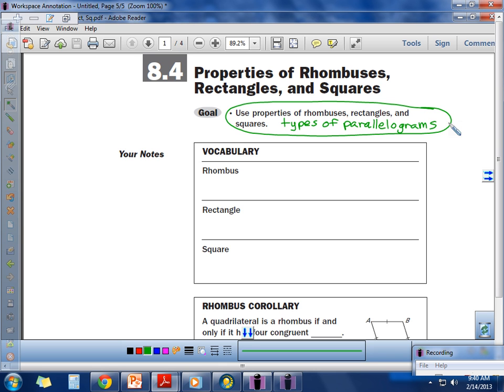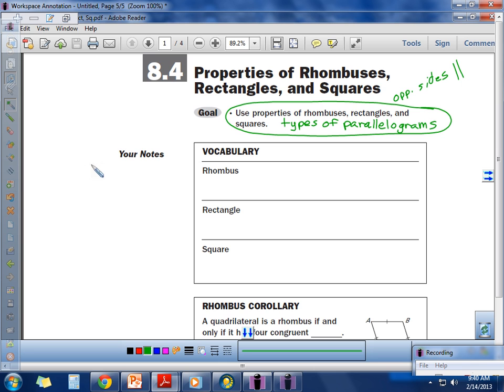What's the number one property of a parallelogram? Opposite sides are parallel. So all these shapes have opposite sides parallel. All of them do. But they do look a little different when you start looking at them individually.